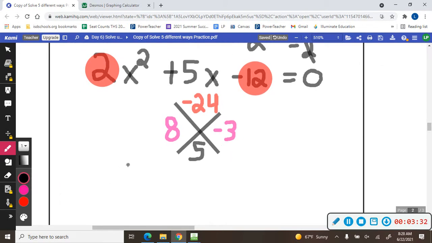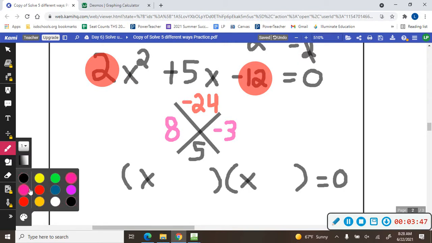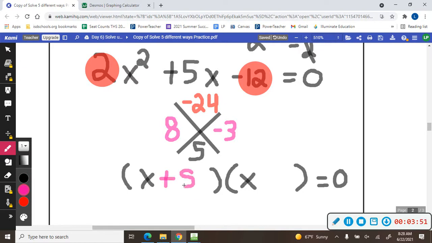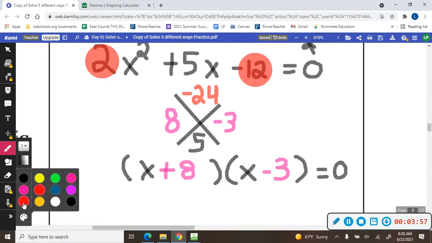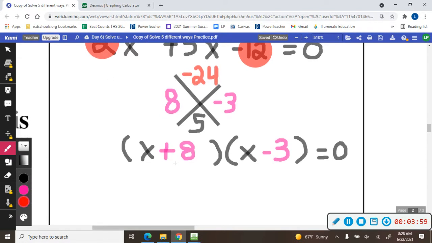So now I have x and x to get x squared. And then here I'll have plus 8. And then minus 3. And I'm going to take that 2 from before and I'm going to divide them both by 2.